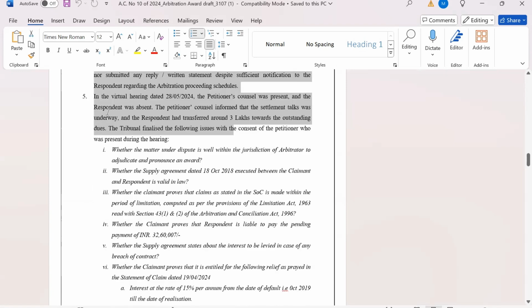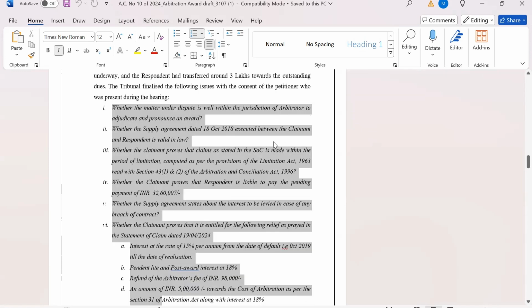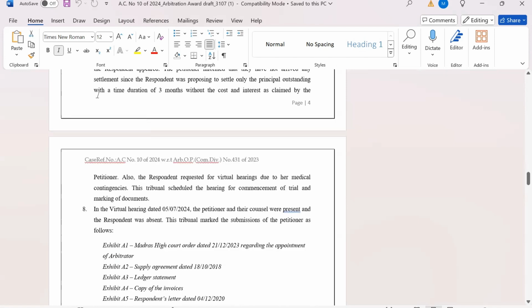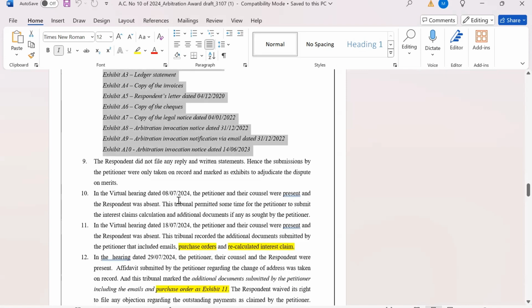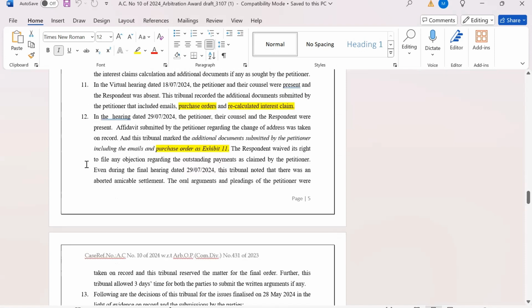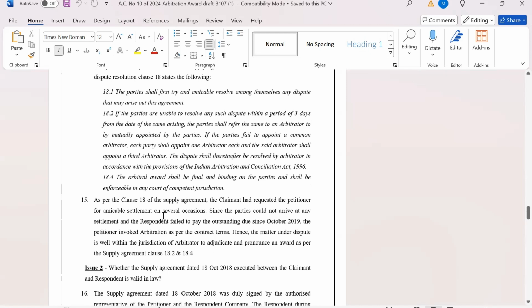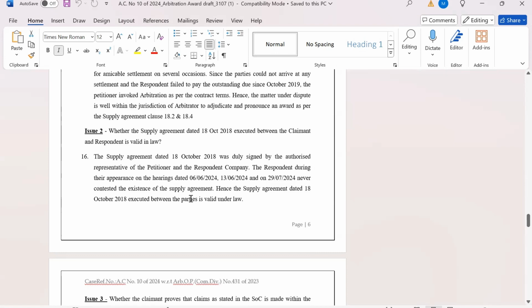The issues finalized in the presence of the parties are included here, and the exhibits, that is, the documents marked during the proceeding, are also included here. Every issue is answered with reference to the documents and the law, that is, the Indian Arbitration and Conciliation Act or the Contract Act of the country. With reference to that, it has been answered by the tribunal.